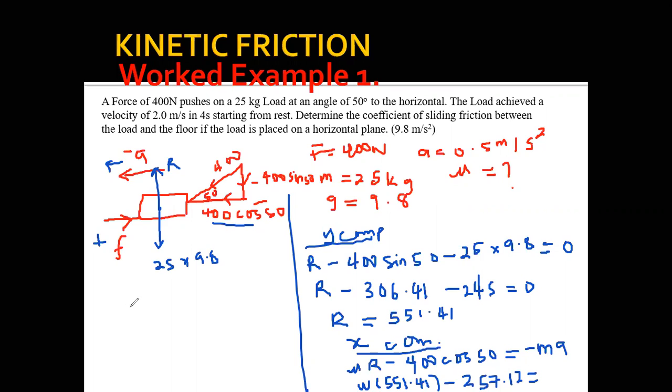When you multiply that, that should give us 12.5 negative. So let me put the minus here. Once that has been done, let me clear this other side.